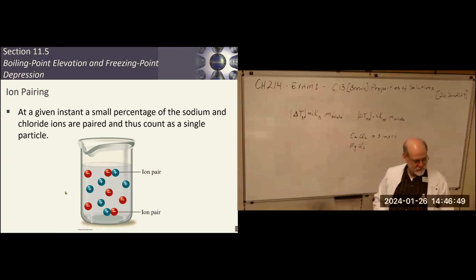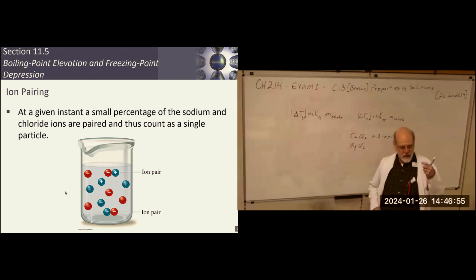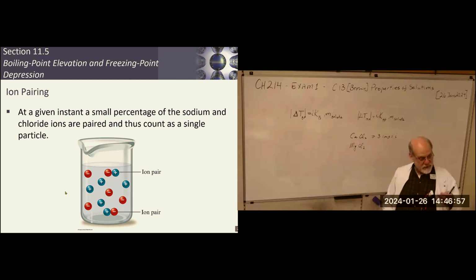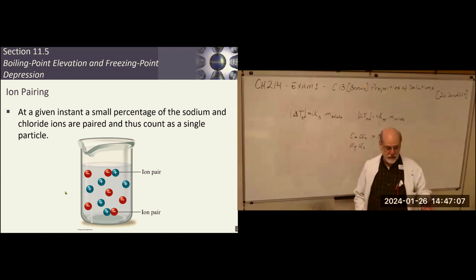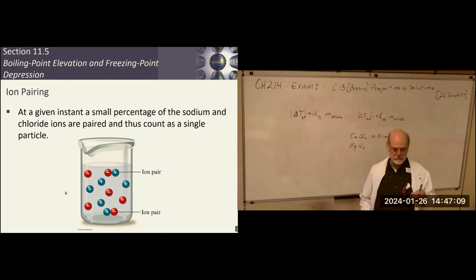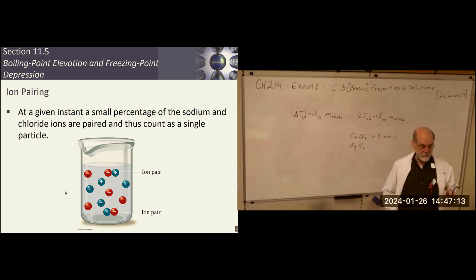Now, that was the fly in the ointment. Now here's the fly in the fly. When you have ions, part of the reason for the van 't Hoff correction factor, and this is empirically determined, you can't reason it, is that you get ion pairing.